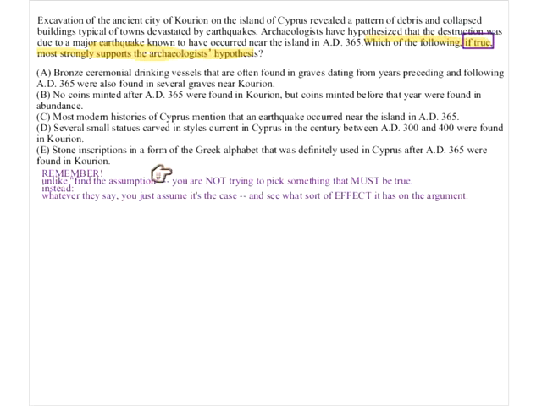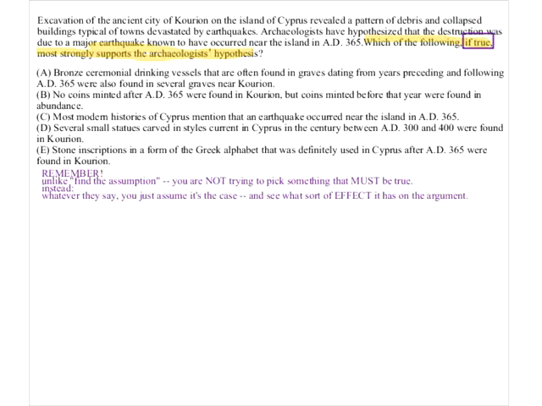Remember, these two words, if true, are crucial. These two words show you that no matter what these choices say, you're like, okay, fine, that's a fact. Let me see what effect it has. Now, let me give you the single best thing that you can do here.